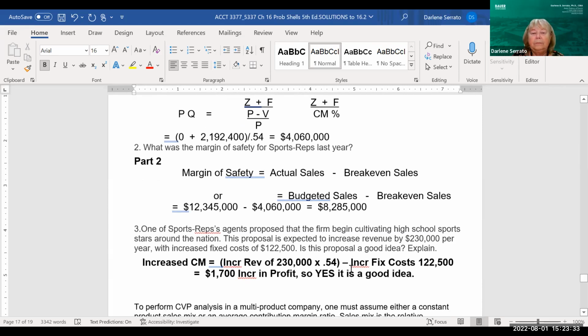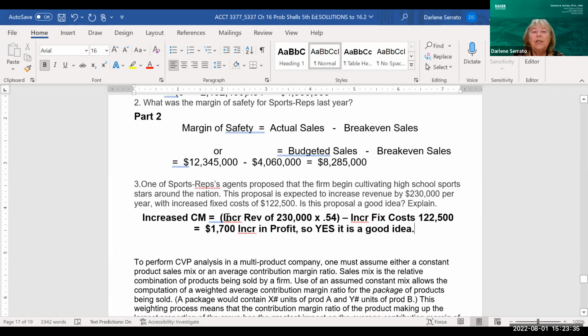Okay. So for this one, you cannot look at just the revenue. You have to look at the contribution margin.